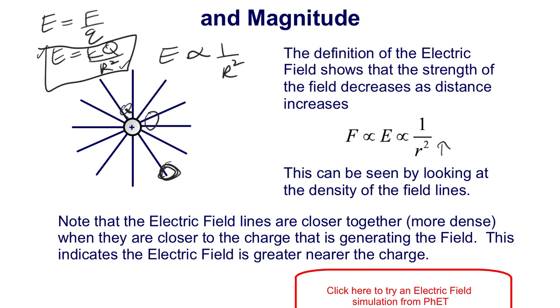So a question I could ask would be, if I doubled the distance you are from a field, so if I went from here to twice as far, how's the field out here compared to the field here?